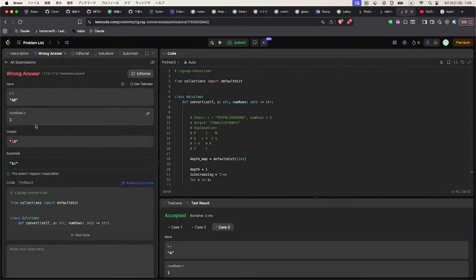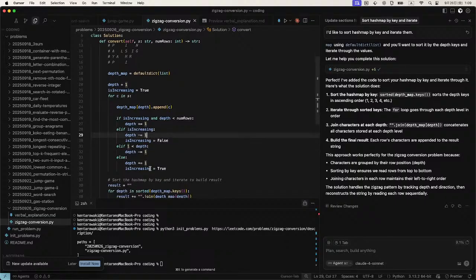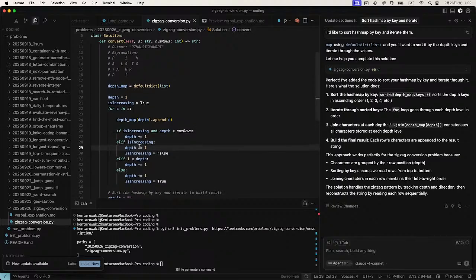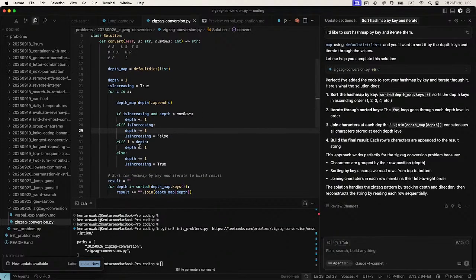So in this case, we shouldn't decrement the depths. How to handle this?